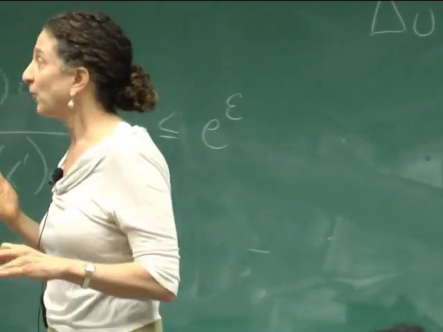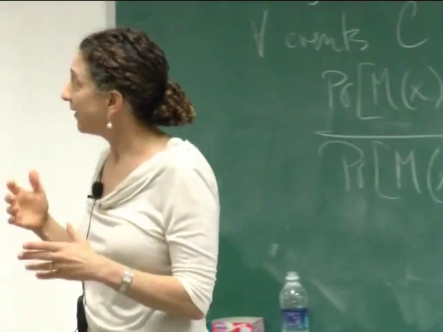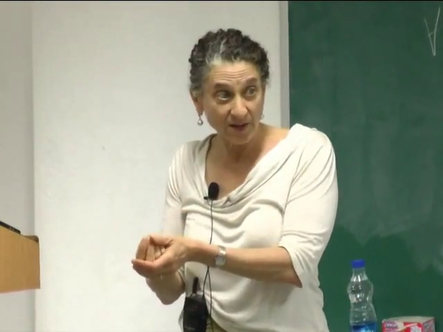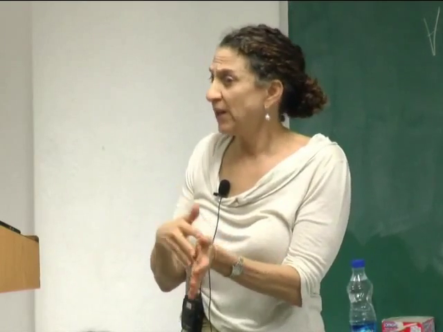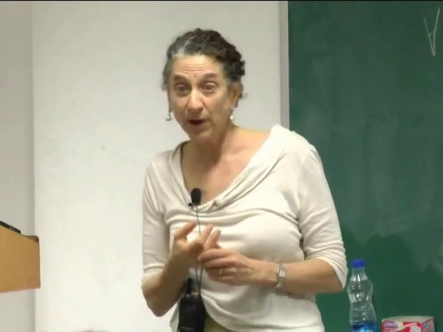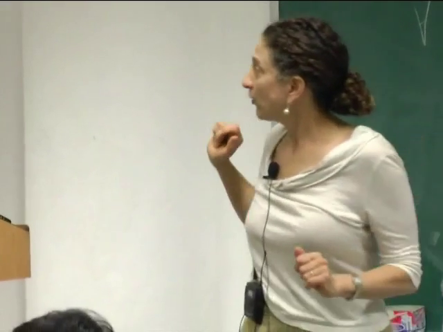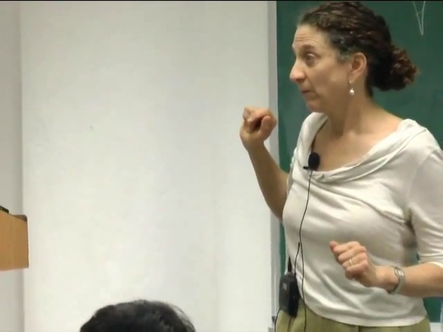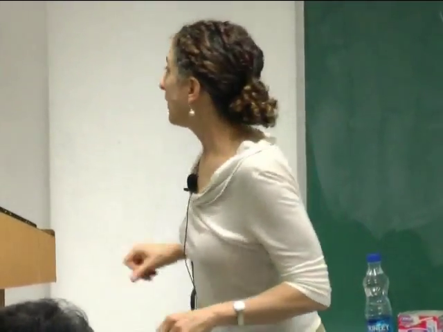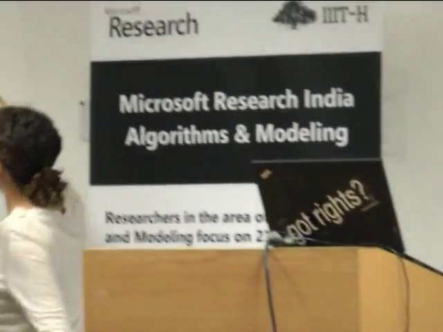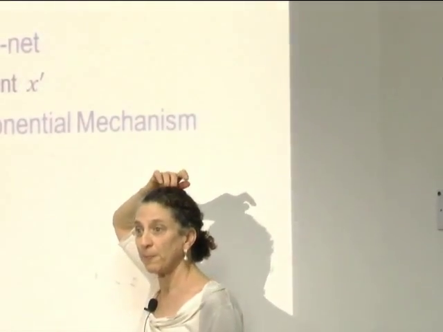Now, notice that if an outcome y is good when the database is X, it'll be pretty good when the database is a neighboring X prime. There's not a whole lot of difference in the utility for neighboring databases. So we have our set of small databases, of size log of C over alpha squared.